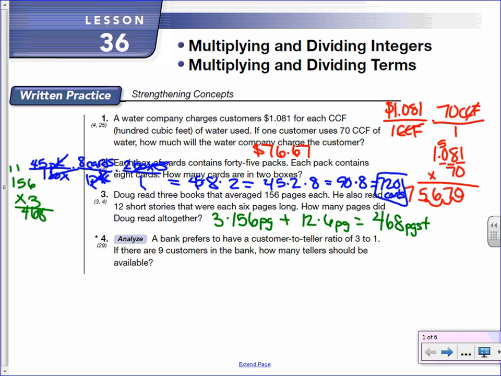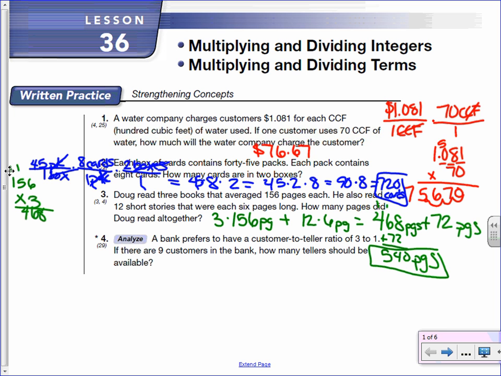And then 12 times 6 is 72. So 540 pages altogether.